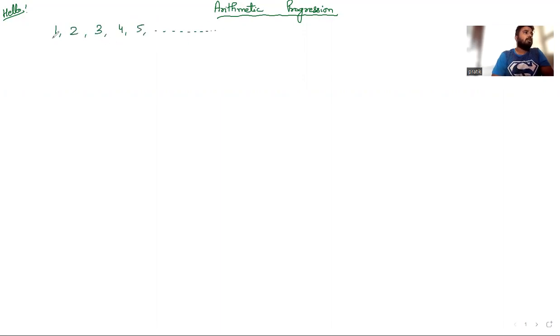Now, if the numbers are given such that the common difference, that is nothing but the subtraction of two consecutive numbers, the second number minus the first number, or the third minus the second. You need to be subtracting the preceding number from the succeeding number. And in case you get the same number, that is basically the common difference.